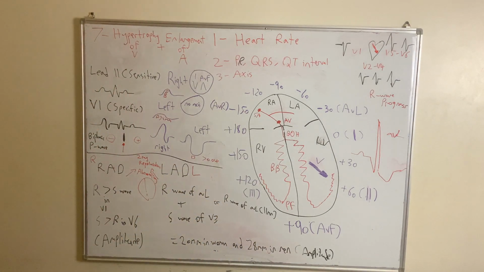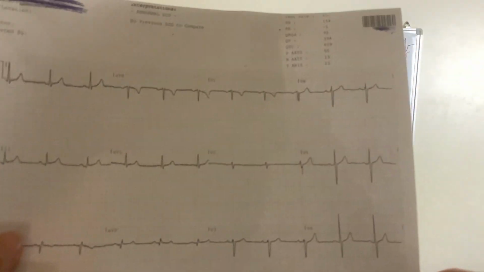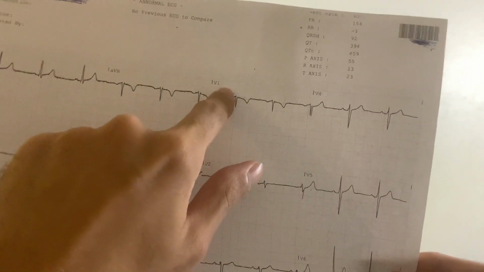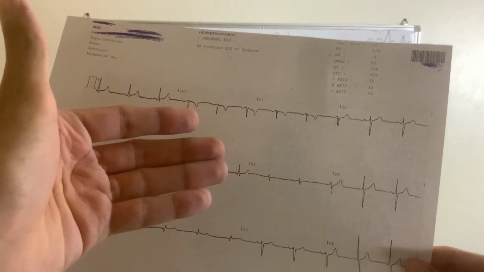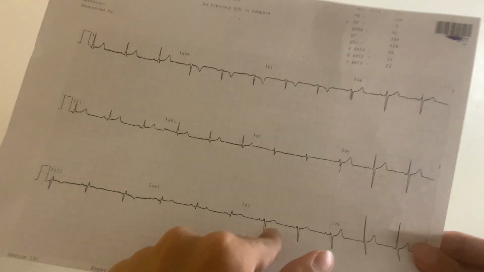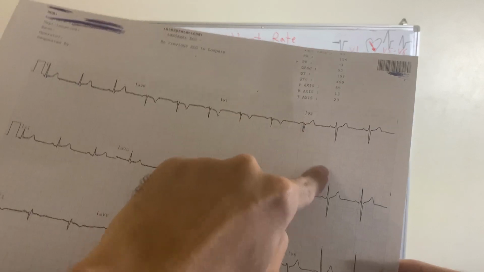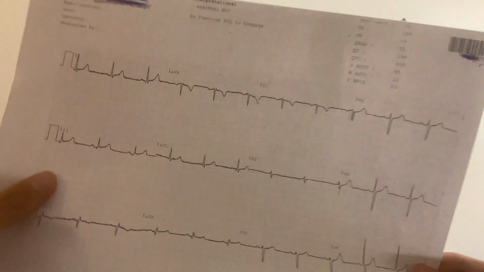So, just to show you before we finish, I want you to look at the precordial leads. Take a look at them. Notice the R wave. Notice how it gets bigger, and it goes through a transition zone where it becomes biphasic in V3 or V4. And then eventually, with each lead, the R wave becomes bigger.